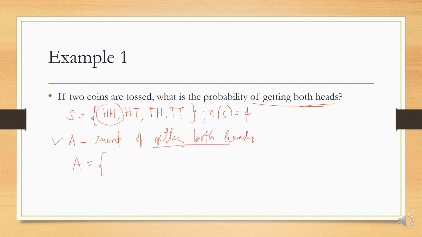So from the sample space, this is the content of our sample points. Therefore, N of A is equal to 1.